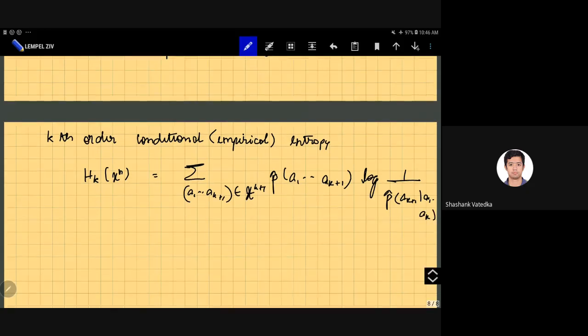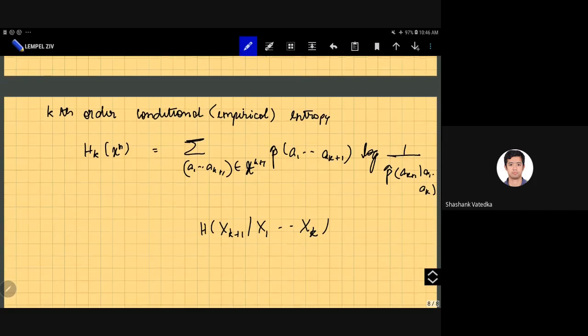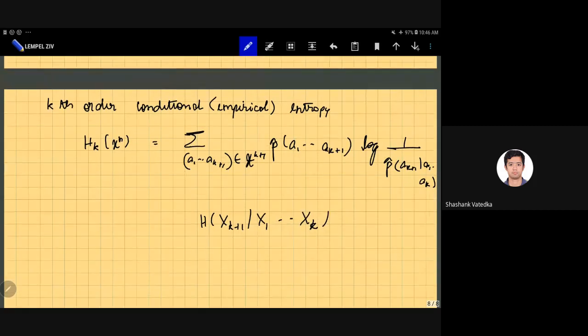It's just a standard conditional entropy, the kth order conditional entropy, essentially similar to h of xk plus 1 given x1 through xk, but defined by a sequence x1 through xn. So it's a natural enough definition.